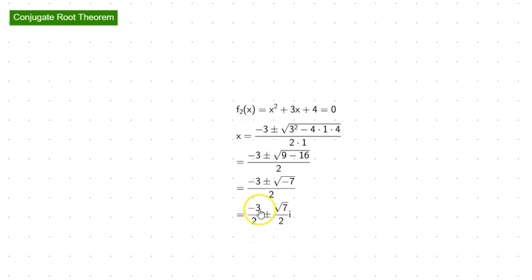Simplifying that, we end up with minus 3 by 2 plus or minus square root of 7 by 2 i. So we have a conjugate pair of complex roots. The conjugates are minus 3 by 2 plus root 7 by 2 i and minus 3 by 2 minus root 7 by 2 i.